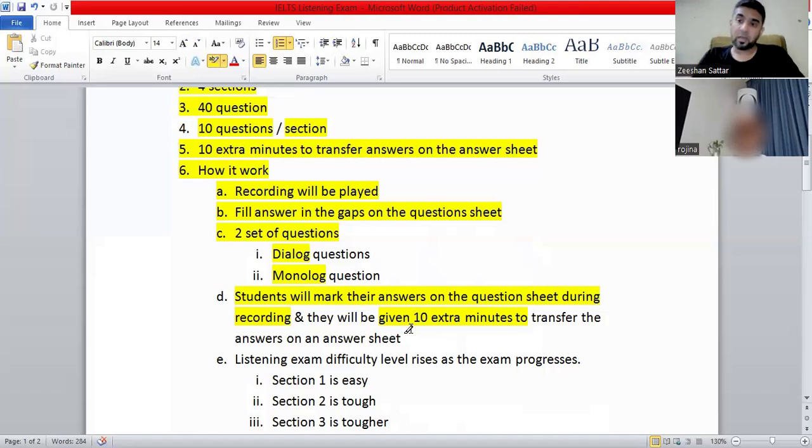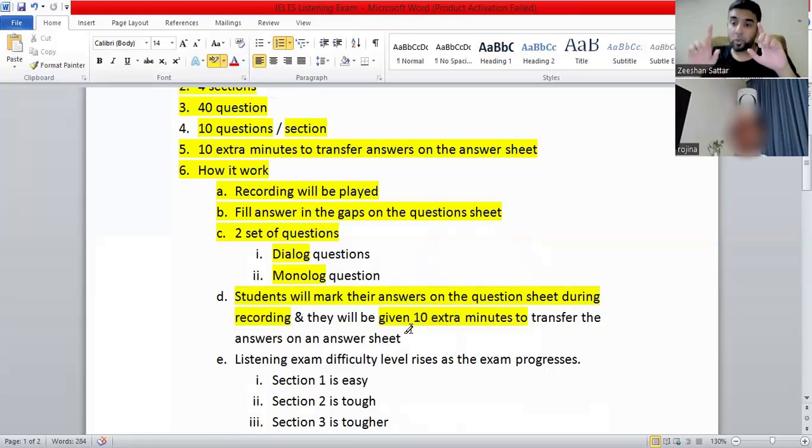During the recording, students appearing in the manual exam will not transfer the answers to the answer sheet. I repeat again: in the manual exam, the students are not allowed to transfer their answers to the answer sheet during the recording.